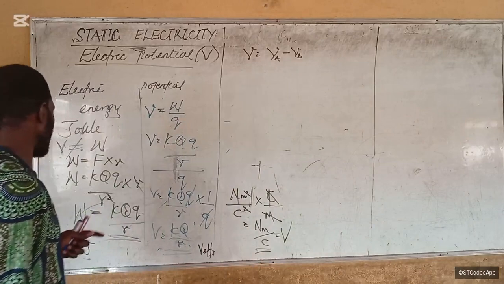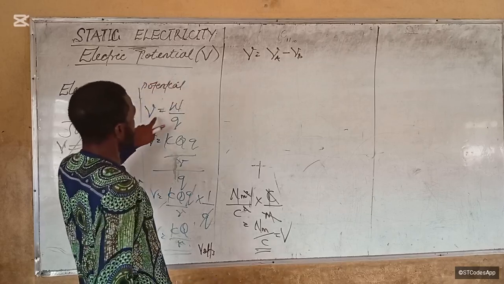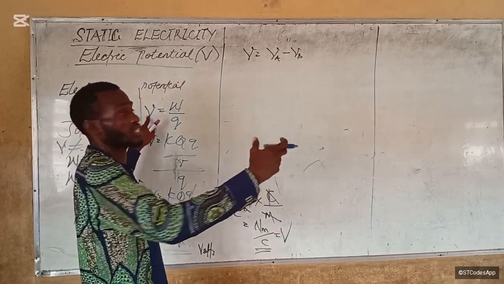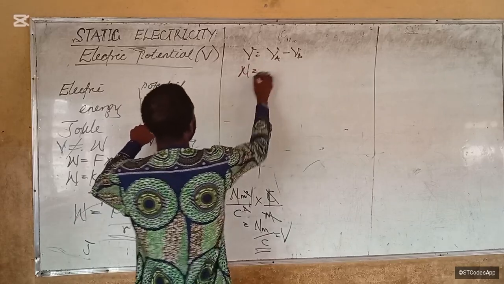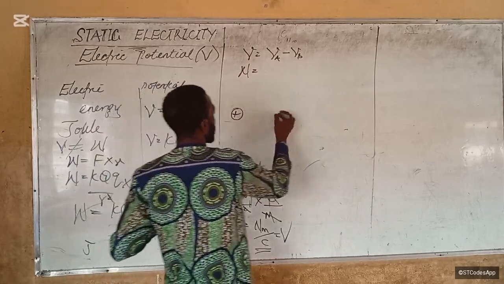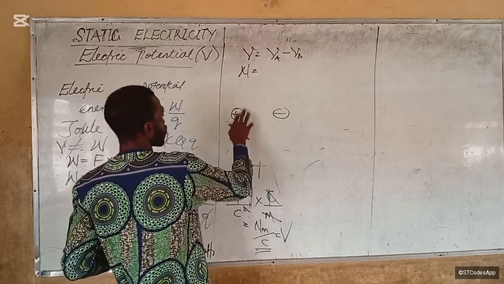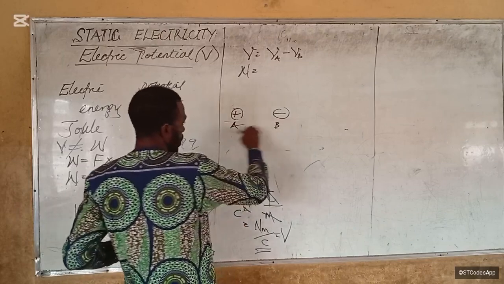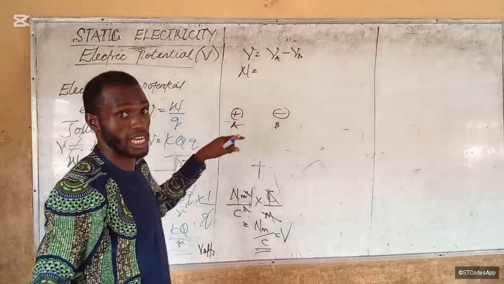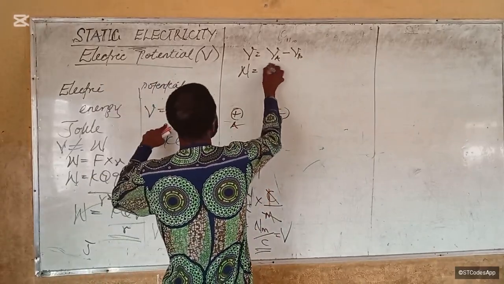And you can even begin to generate equations from here. If 2 points have different potentials, it means that the work done in moving a charge from point A to point B will be giving us V times Q, that is QV.